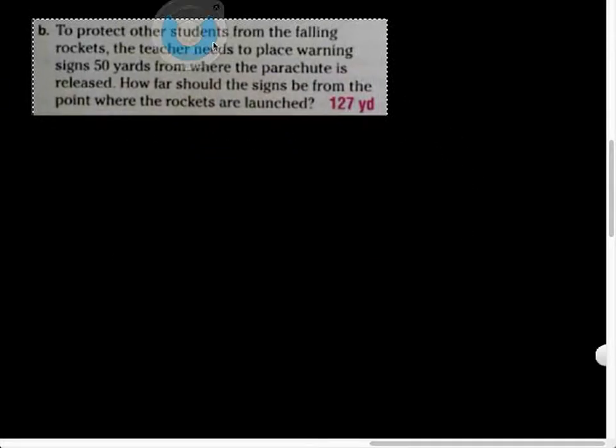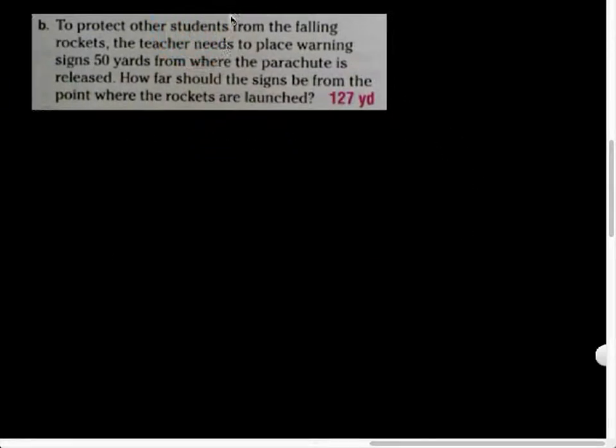It says to protect other students from falling rockets, the teacher needs to place warning signs 50 yards from where the parachute is released. How far should the signs be from the point where the rockets are launched? Okay.